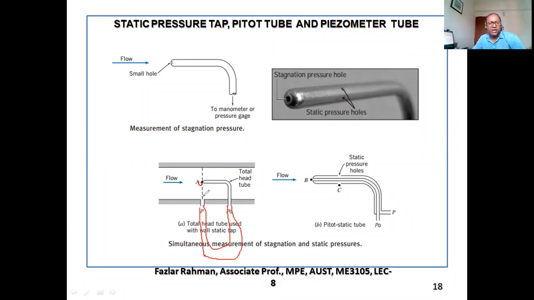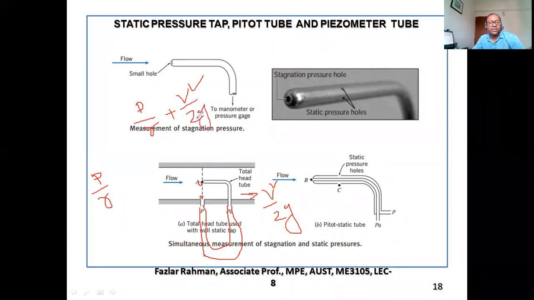So right over here, you have pressure P by gamma, the static pressure, because the velocity is not 0. The fluid moving along this direction has kinetic energy, V square by 2g. But the fluid right over here has two components, P by gamma plus V square by 2g.